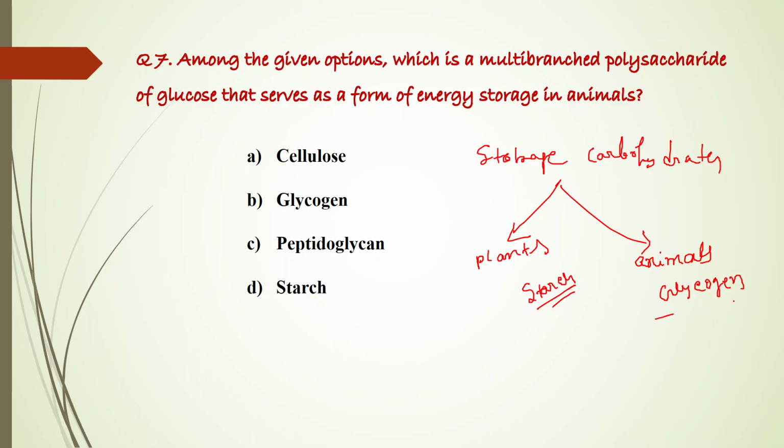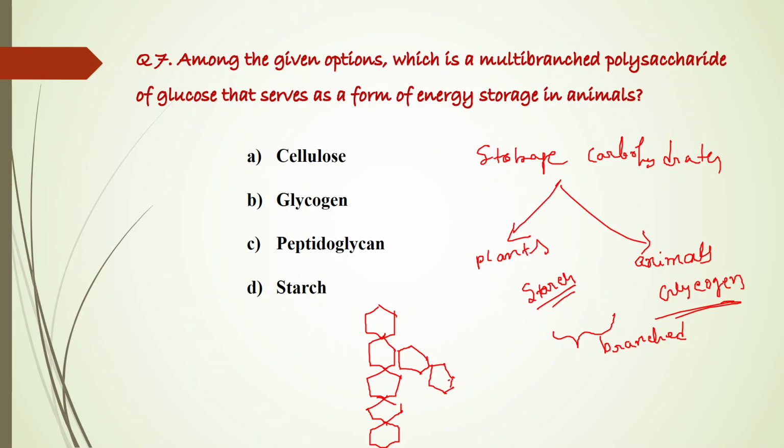Both of them have a branched structure, and their structure looks something like this. Let me just draw it here. I am not drawing the exact structure, just a representation. So these are your branches on the side.